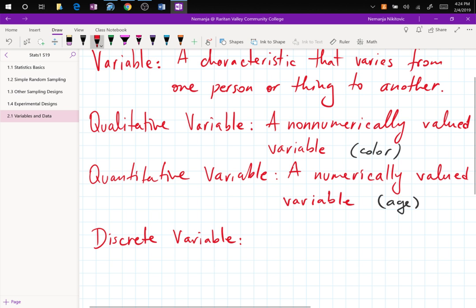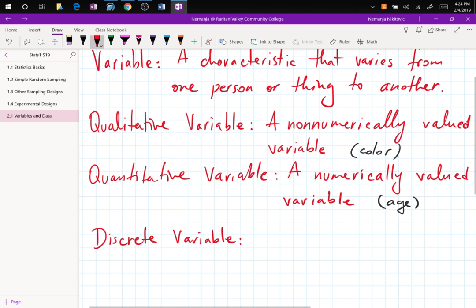When we talk about people, we talk about babies and rabbits, again, whole units. 1 baby, 2 babies, 3 babies, there is not going to be 3.41. So that's all a discrete type of variable. We'll have the continuous one next, where you can have any number.